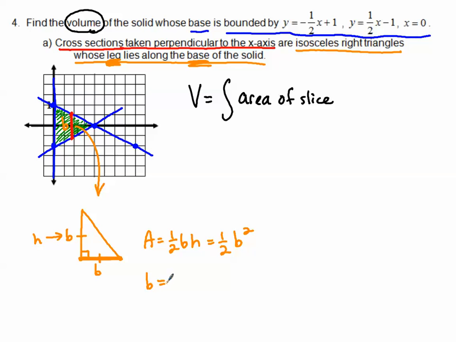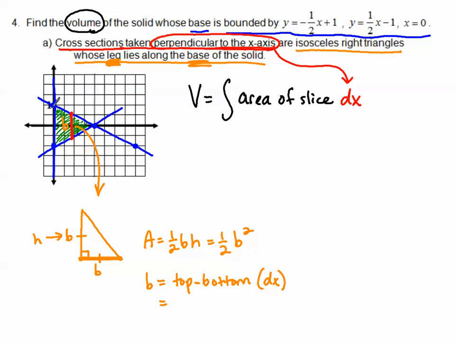Let's figure out the length of the base. Well, it's going up and down. So I know to measure the base, top minus bottom, which gives me a clue that I'm going to be working with respect to x. What else gives me a clue that I'm going to be working with respect to x? This right here, perpendicular to the x-axis, with respect to x. Now we can plug in.